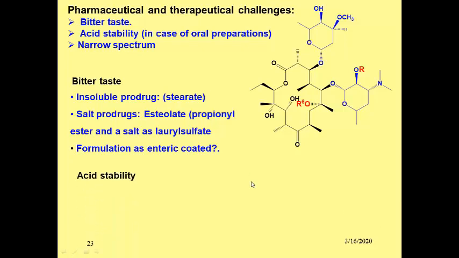Acid stability. Why is erythromycin acid unstable? Due to acid catalyzed ketal inactivation.